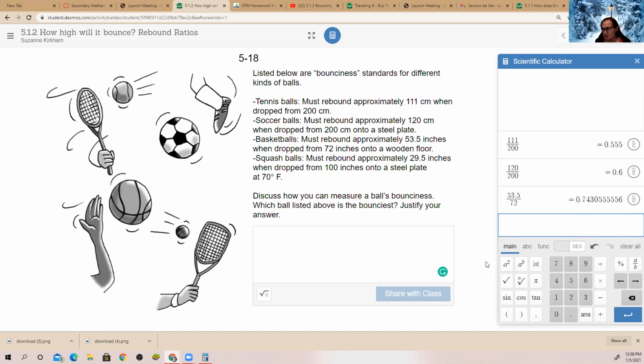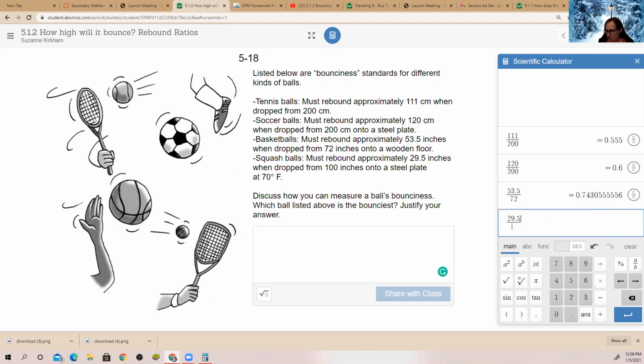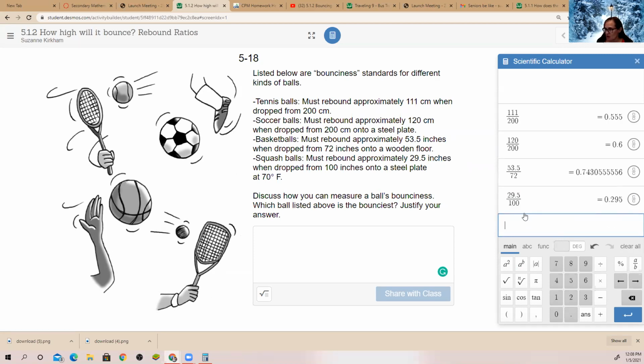So now the basketball is the bounciest. Okay, squash balls. Squash balls must rebound 29.5 inches when dropped from 100 inches. So 29.5 divided by 100 equals 0.295. All right, so that one is the least bouncy.